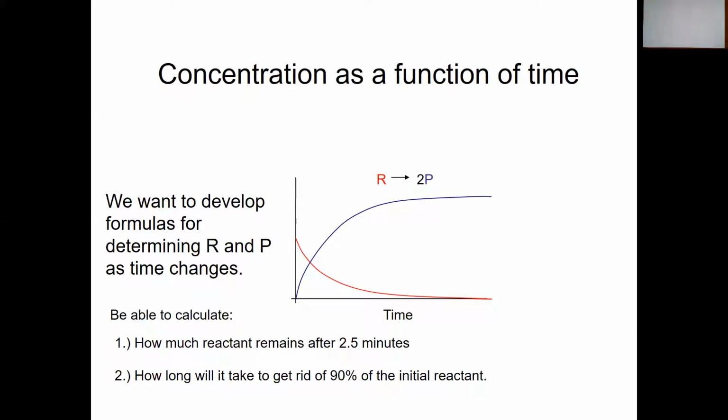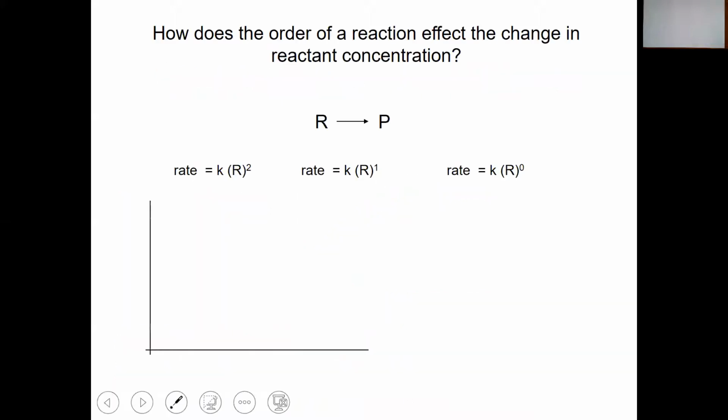Or we want to say, how long does it take for the reaction to be finished, or for the reaction to get to 90% of the reactant depleted? So those 2 calculations are 2 of the common calculation types that we will do, concentration as a function of time in this kinetics section.